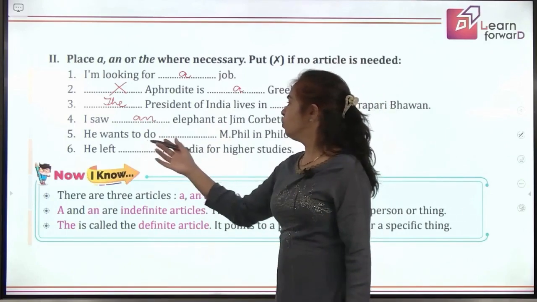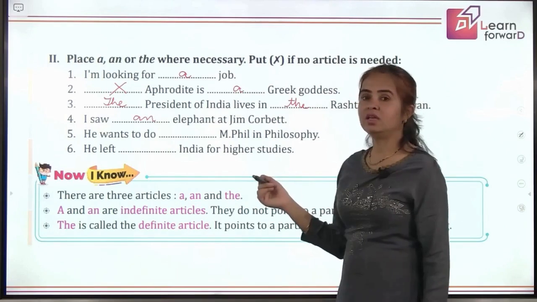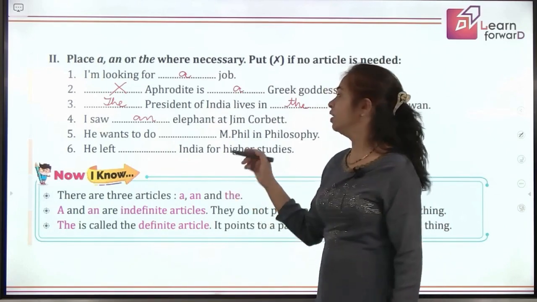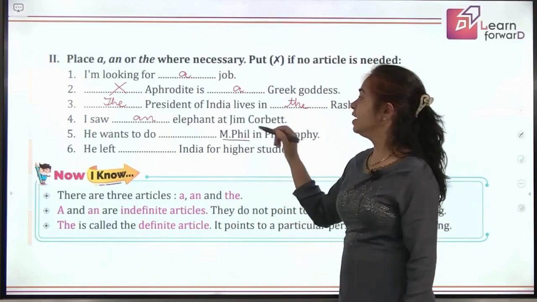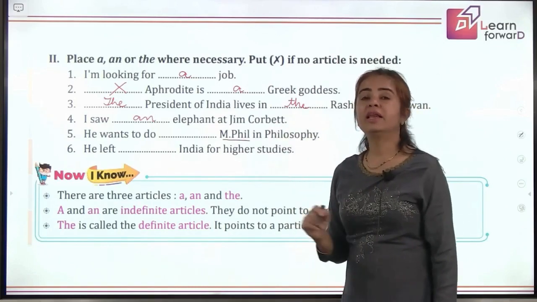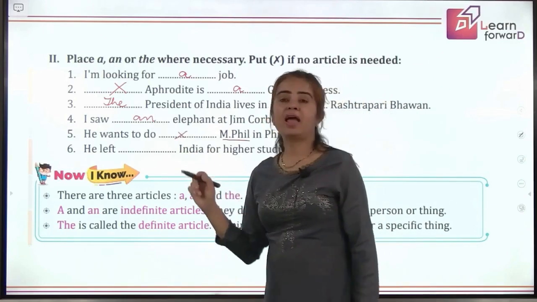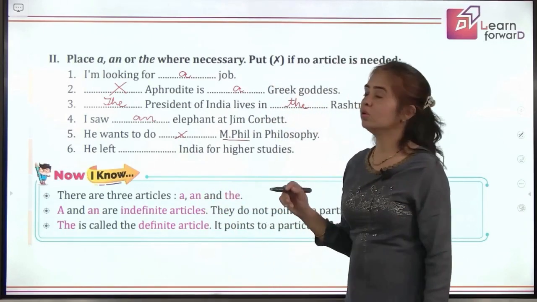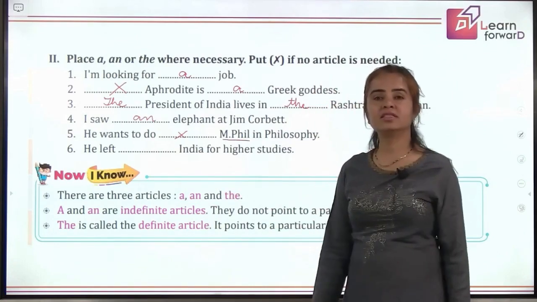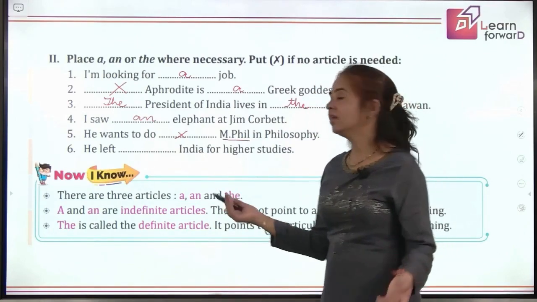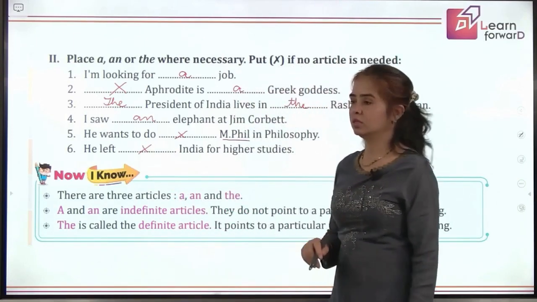Good. He wants to do an MPhil in philosophy. Now here MPhil is a degree, but if I say he is MPhil, then I'll say he is an MPhil. So here, as a subject, as a stream, I'm not going to use any article. He left India for higher studies. India is the name of a country, a proper noun, so we will not use an article. Good.